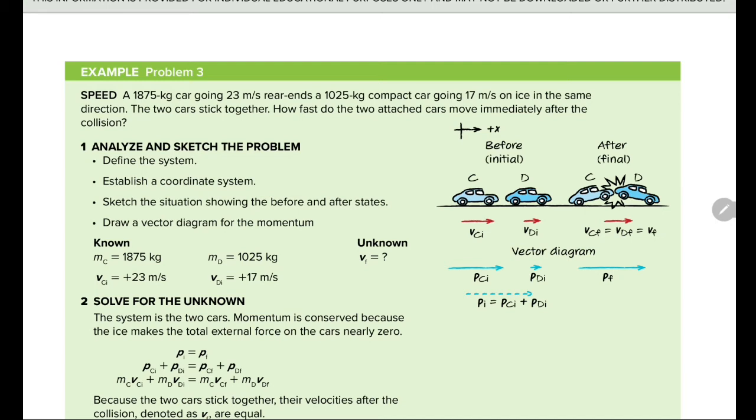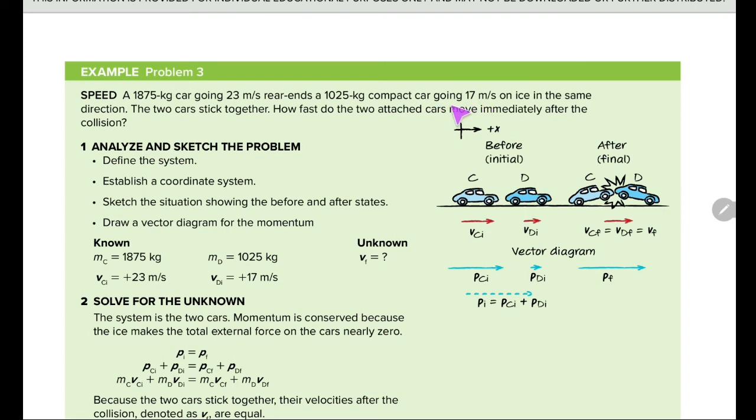In the beginning, we will write the knowns for this question. The knowns from the question are: 1,875 kilogram, which is the mass of the first car, mC, going 23 meter per second, which is the initial velocity for car C. Here we also have 1,025 kilogram, which is the mass of the second car, mD, equal to 1,025 kilogram.